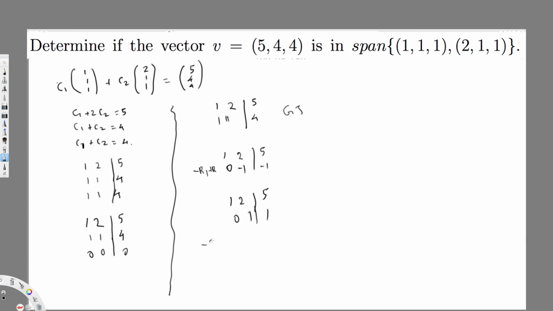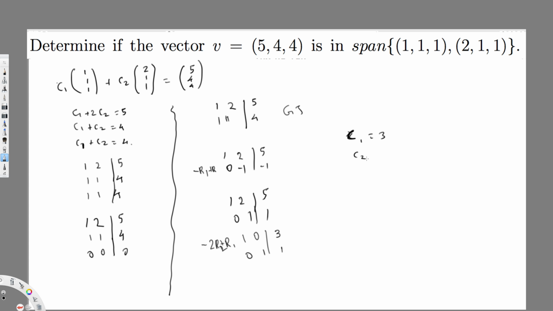So it's going to be negative 2 r2 plus r1, which is going to be equal to 1 0, and negative 2 plus 5 is going to be 3, then 0 1 1.